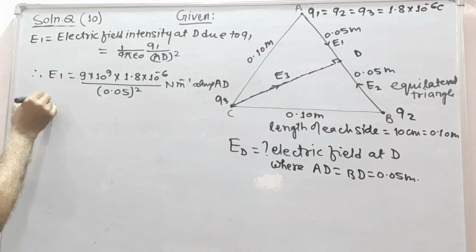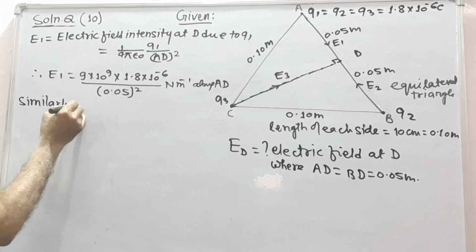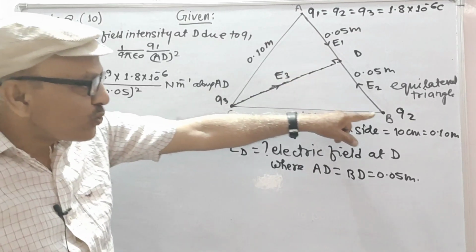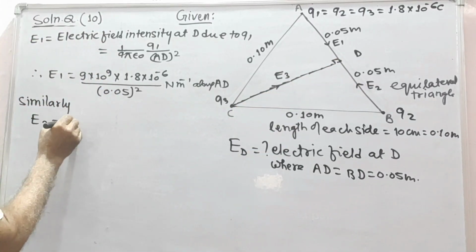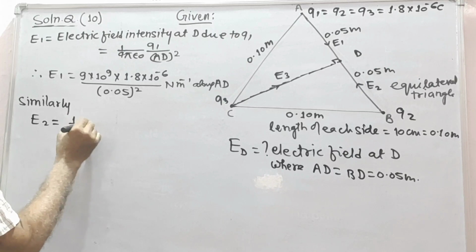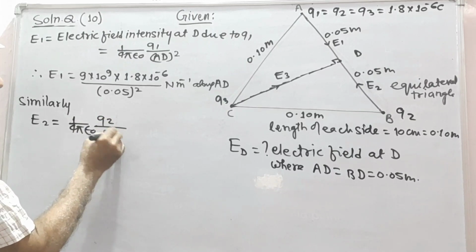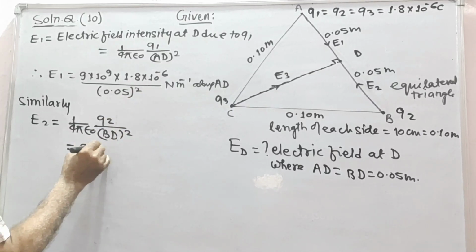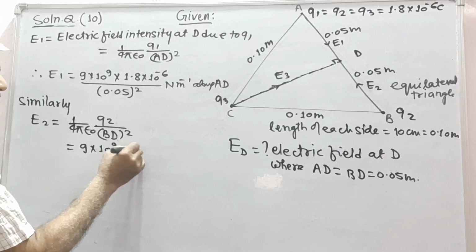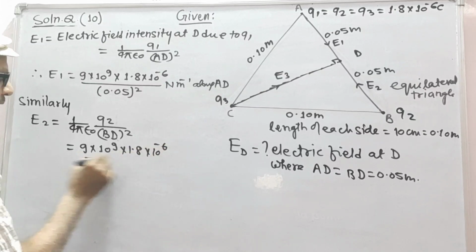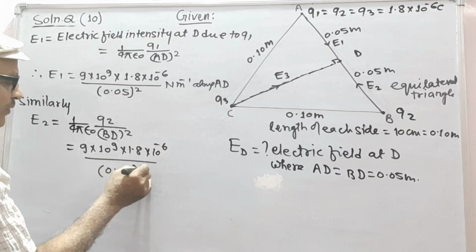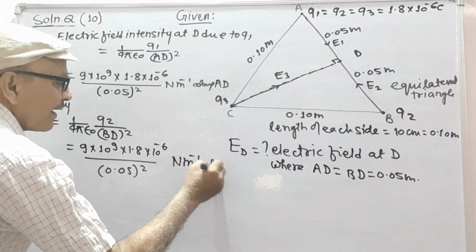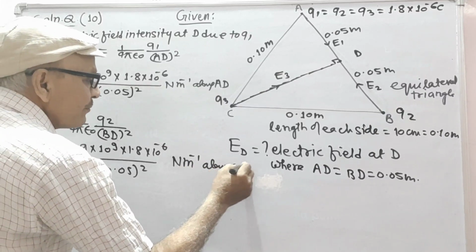Similarly, E2 at point D due to charge Q2 will be equal to 1 upon 4 pi epsilon 0 Q2 upon BD square, which will give the same value, 9 into 10 to power 9 into 1.8 into 10 to minus 6 upon 0.05 square, Newton per meter along BD.